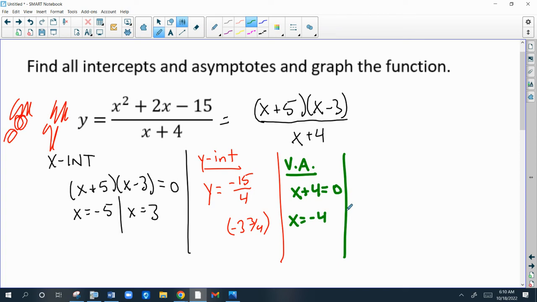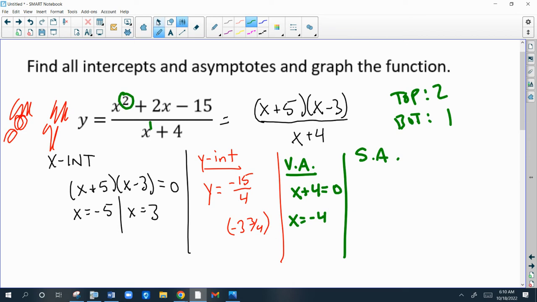Well, the degree of the top is bigger than the bottom, so there is no horizontal asymptote. Slant asymptote. If the degree of the top is exactly 1 bigger than the bottom, so the top degree is 2, the bottom degree is 1, 2, 1. So this has a slant asymptote.